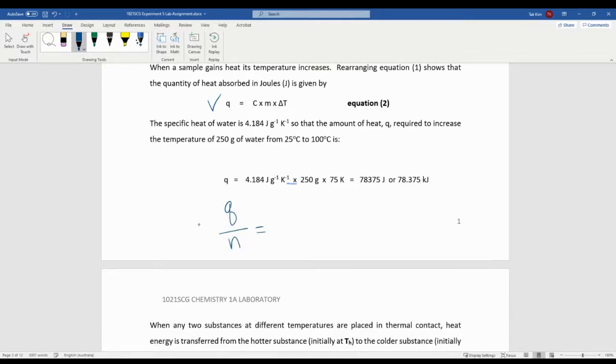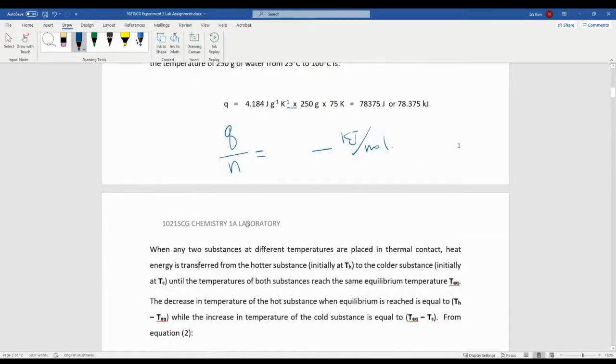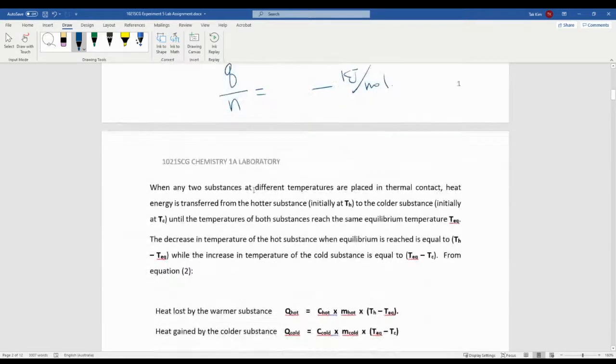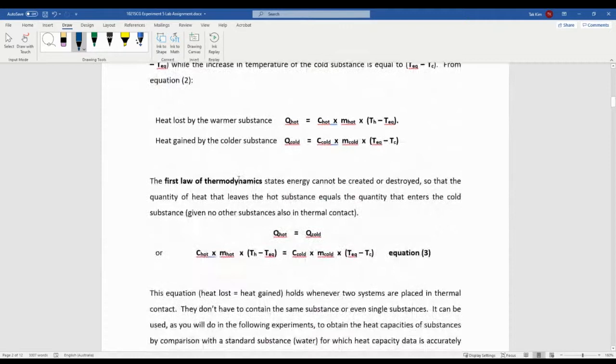And then it will give you a certain number in joules or kilojoules per mole. These equations are given in your lab book or lab assignment file, and you should be able to find the relevant equations you need to use.